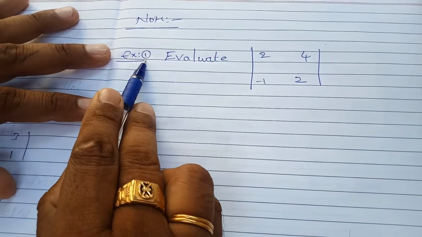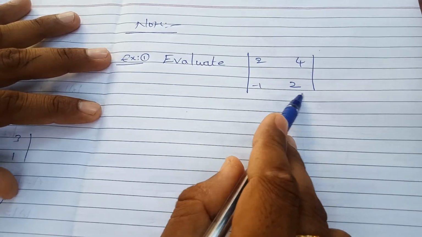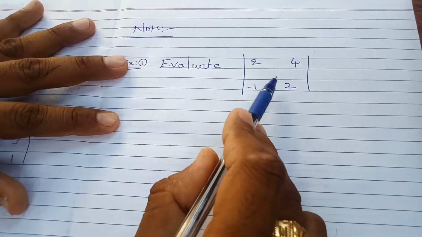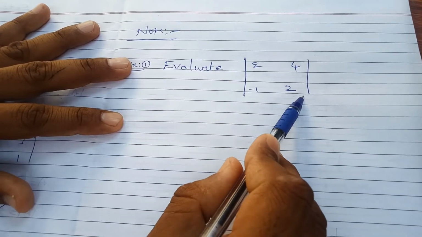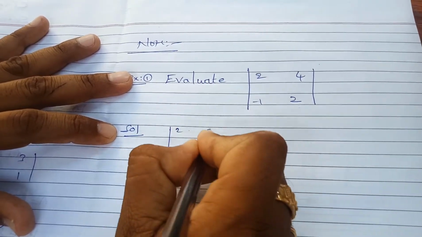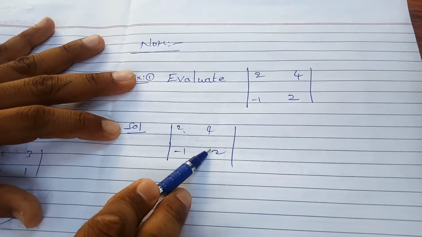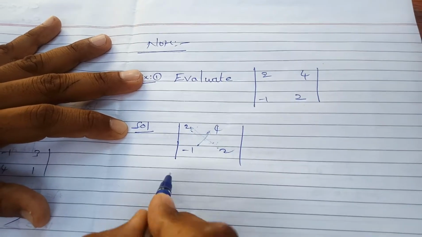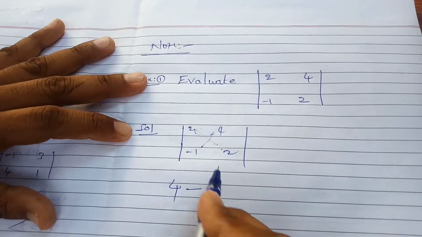See, this is example 1. Evaluate the determinant 2 4, minus 1 2. This is the simple determinant, a 2 by 2 matrix. So we make the cross multiplication, taking the direction right, after that left. 2 into 2 is 4, and in between we have to write minus.